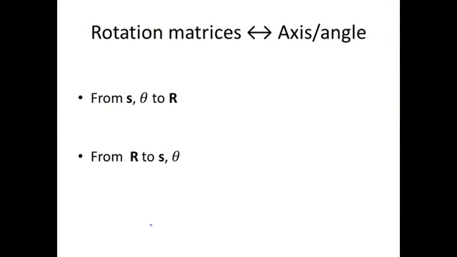Okay, now we have achieved our grand goal, which is how do we go from rotation matrices to an axis angle representation or vice versa. So how do I go from, given an axis of rotation S and an amount of rotation theta, to R? Well, from S we can construct this S hat. So S is a vector and this is the skew symmetric matrix.